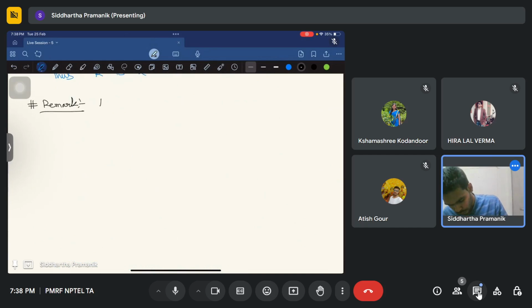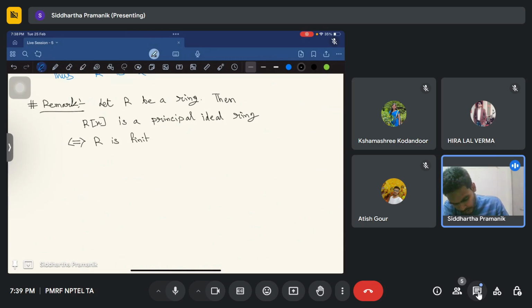So let R be a ring, then R[x] is a principal ideal ring if and only if R is a finite product of fields.